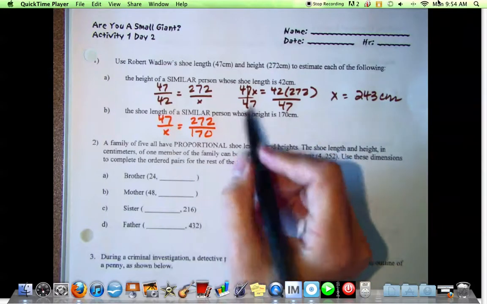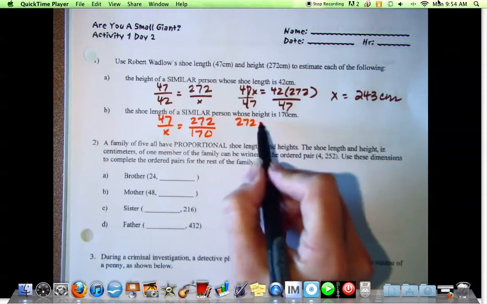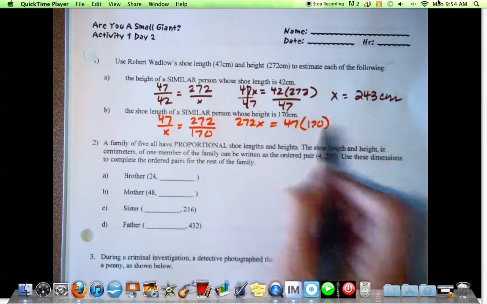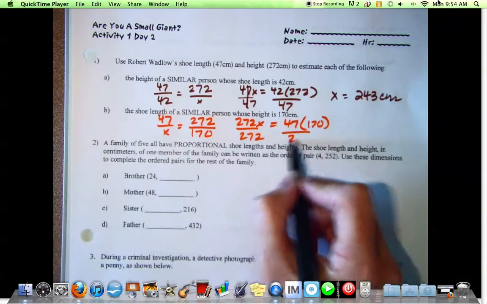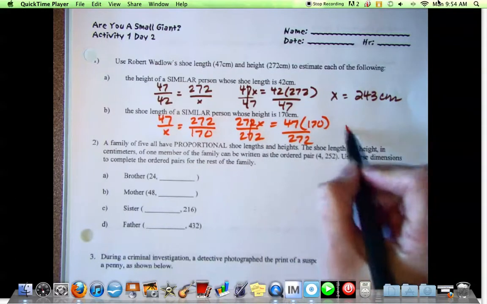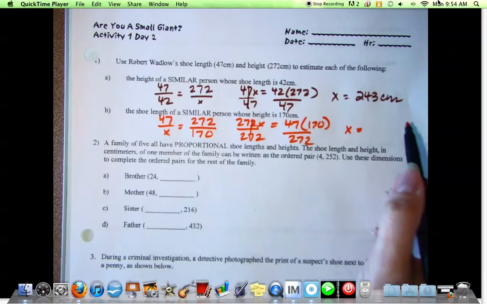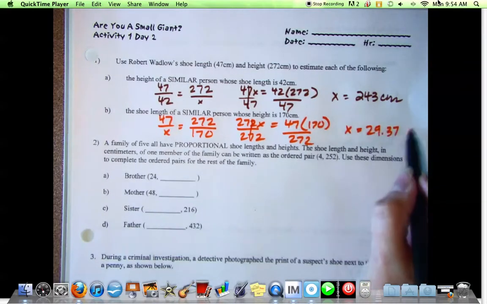Cross multiply. What am I going to cross multiply? And then? Divide by 272. So my shoe length is? 29.37. Units?